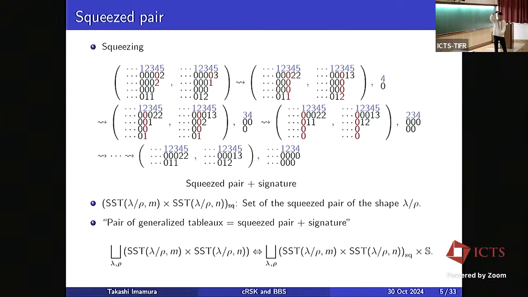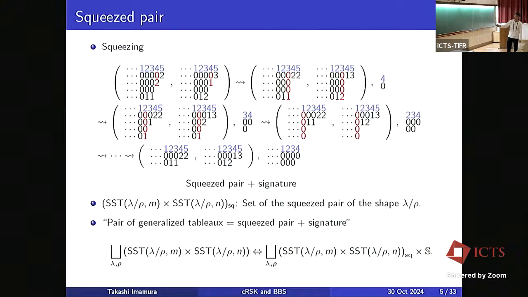We press the pair of tableaux in the vertical direction, keeping the semi-standard nature. This squeezing can be done column by column from right to left. For example, here we first focus on the fourth column, and we try to move the element up, keeping the semi-standard nature.